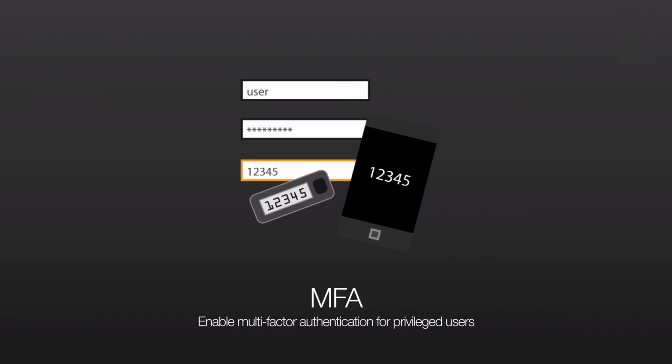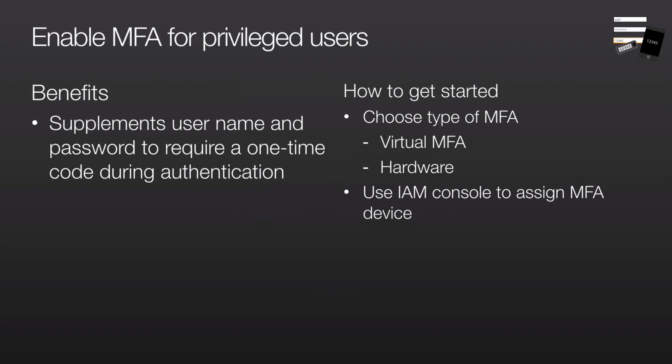MFA, we've touched upon this already in the context of instance termination, using conditions with an IAM policy to restrict particular actions to MFA authenticated users, but it is just good practice to use MFA for privileged users, and actually I would advocate using it for all users in your organization. It's very simple. You can use a no-cost virtual MFA on most smartphones today, or you can use a hardware MFA, the Gemalto token, for example.